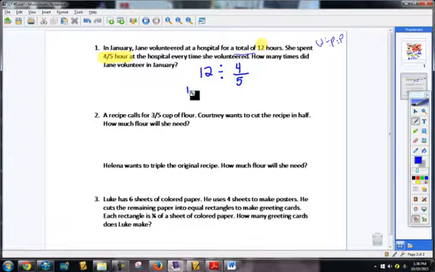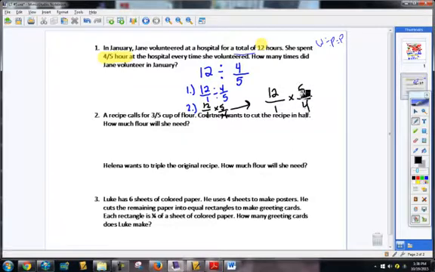Now, make sure you're doing this in 2 steps because I have to put it in fraction form. So that would be 12 over 1 divided by 4 over 5. No math really happening there, just putting it in fraction form, improper fractions. Now I'm going to do the algorithm, 12 over 1 times 5 over 4. Let me rewrite that over here so we can all see it.